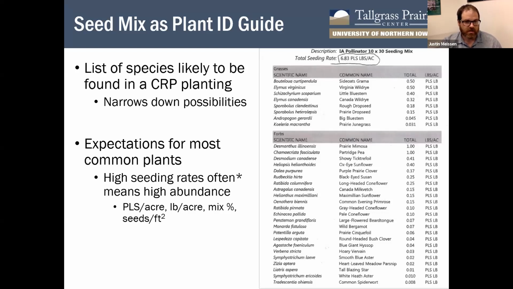Those are all ways to express the seeding rate. So here we have our seeding rates in pounds per acre, and we see that the list is sorted already by seeding rate. So we should expect that side oats grama and Virginia wild rye should be pretty common grasses, and prairie mimosa and partridge pea should be pretty common wildflowers.